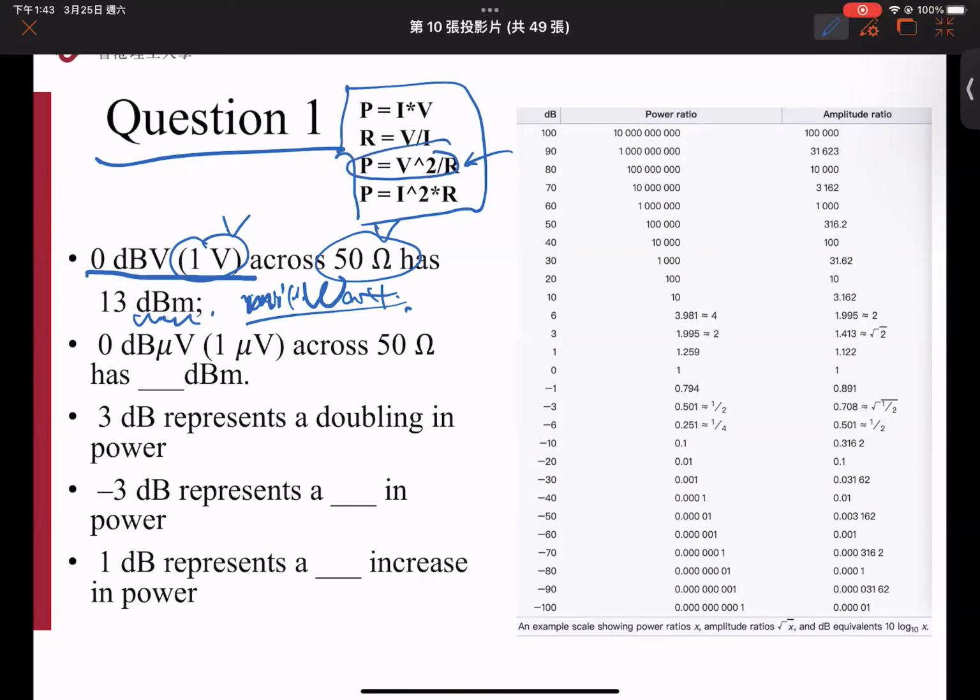In terms of this equation, you write down 10 log something, because you use dB.